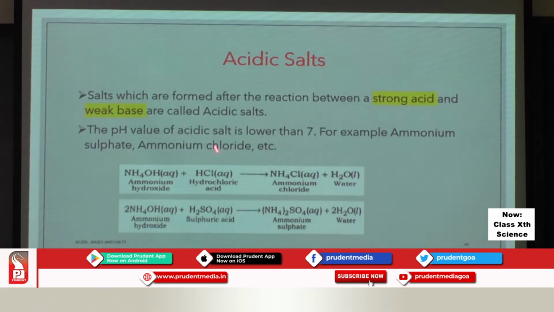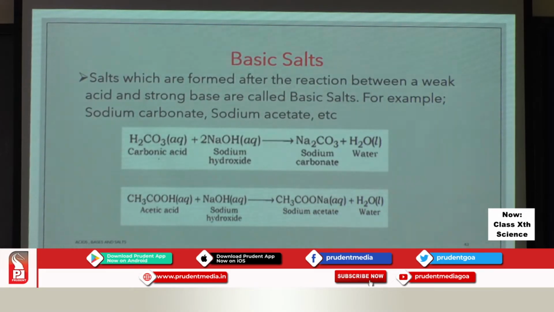In both cases, hydrochloric acid and sulfuric acid are strong acids and ammonium hydroxide is a weak base. When do we say a base is a weak base? When it partially dissociates, giving you hydroxide ions. It gives you ammonium chloride and water, and ammonium sulfate and water. So the pH of these salts is going to be less than 7. The next type we have is called basic salts.